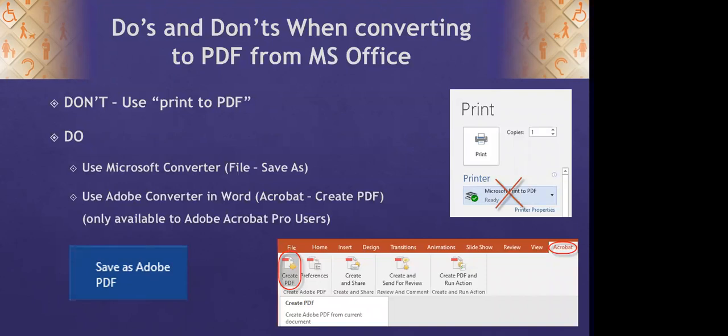So I mentioned the do's and don'ts. At the moment that you're ready to convert a document from Office to PDF, there are right ways to do it and a way to not do it. With the don't, you would not want to use the file print option, where you have a Microsoft Print to PDF option.